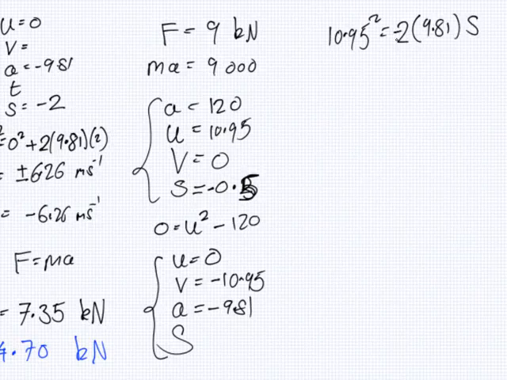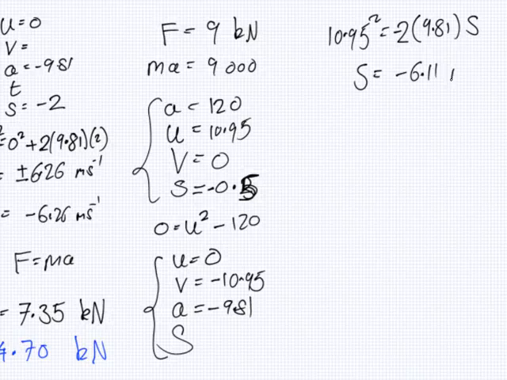And the S is negative because he's fallen down. So we get S equals minus 6.11 meters. So the maximum height H of the wall is 6.11 meters.